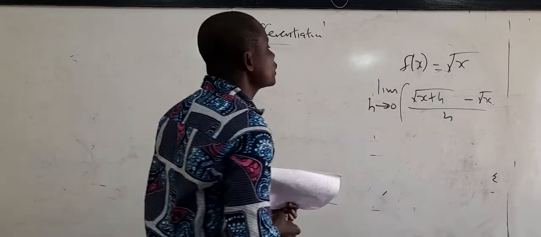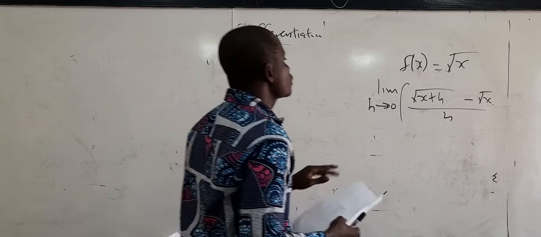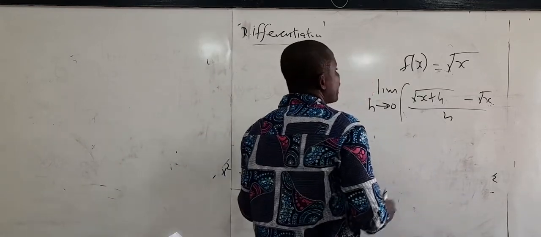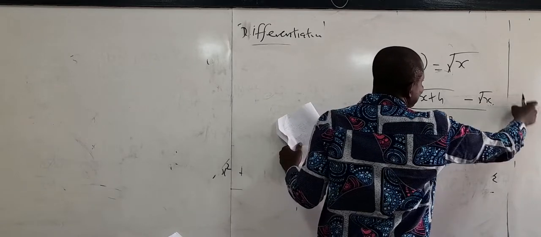Now here we shall move a little bit into sets. By the principle of difference of two squares, we can rationalize by multiplying this by something.